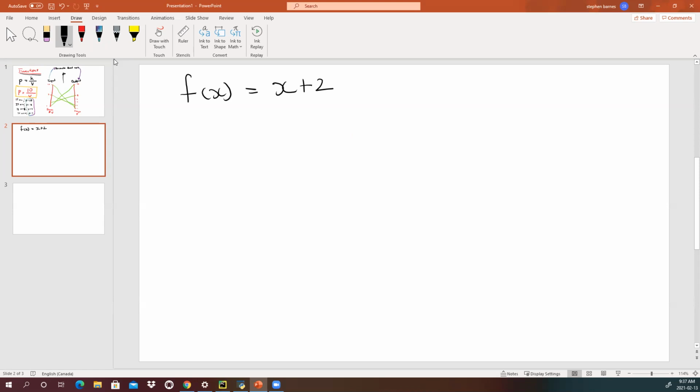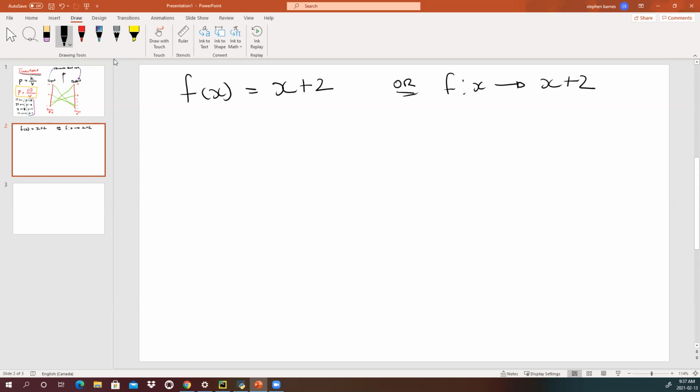You will see it written like this, or you can see it written as this, which represents the very same thing.